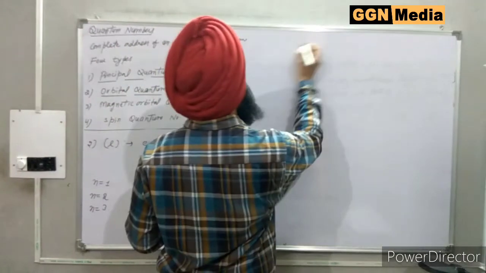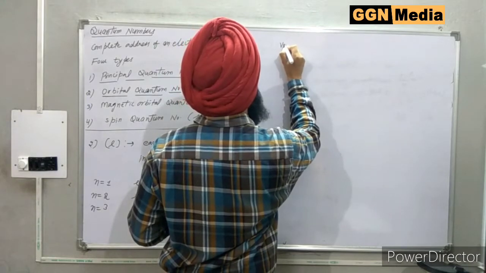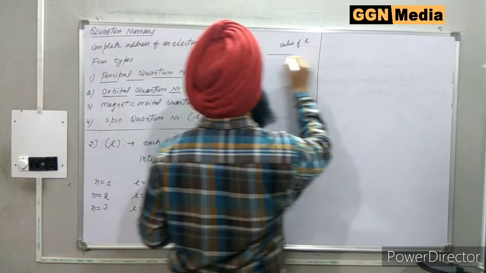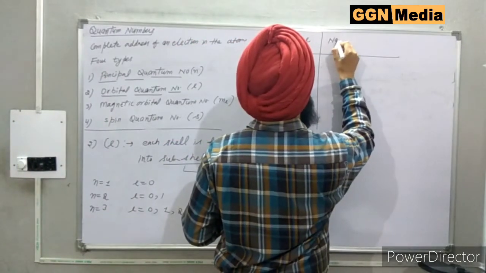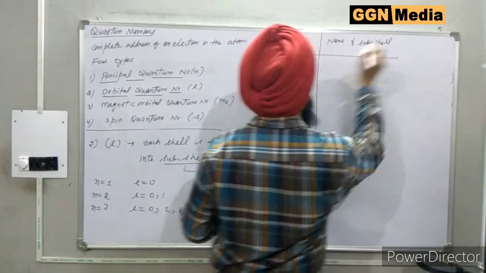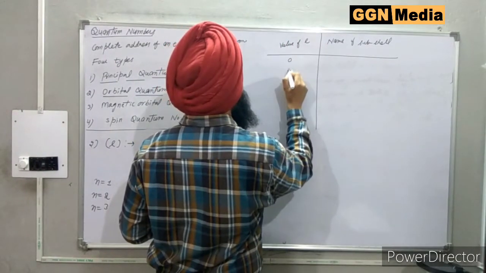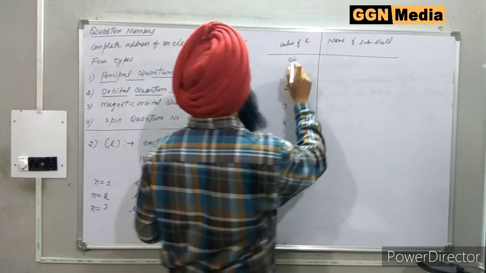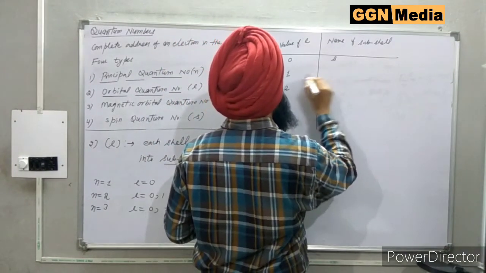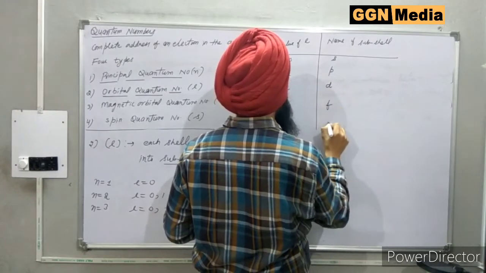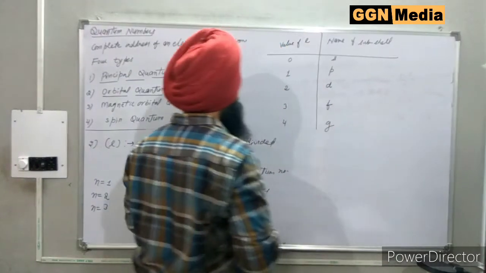I can make the table here. Value of l: 0, 1, 2, 3, 4; name of subshell: s, p, d, f, g.